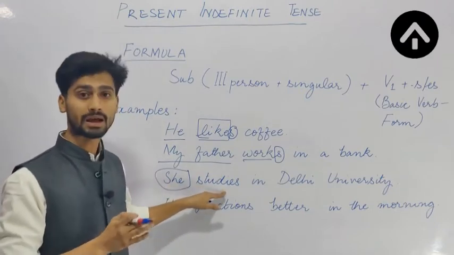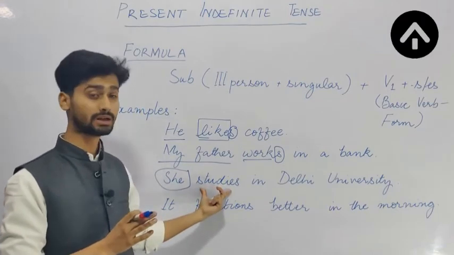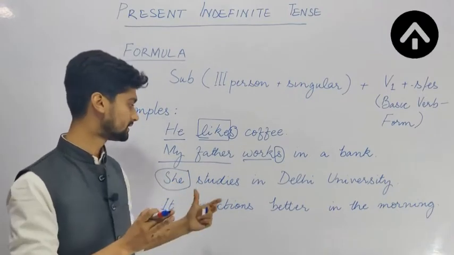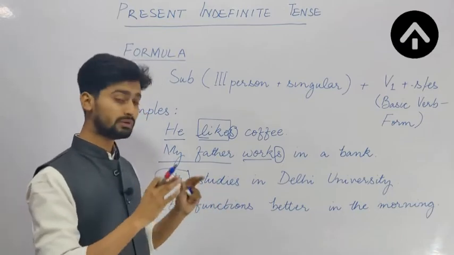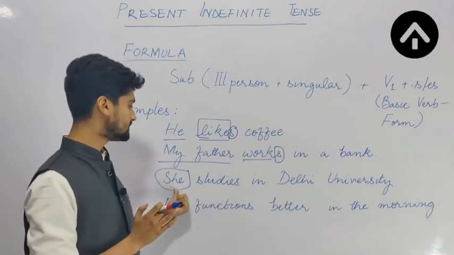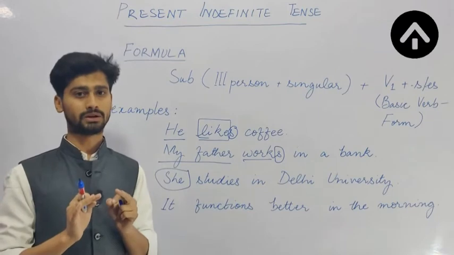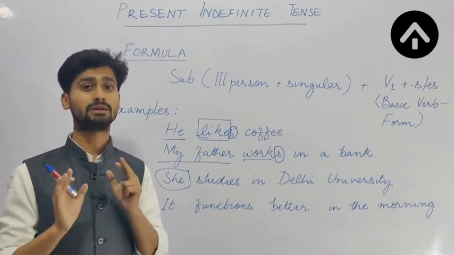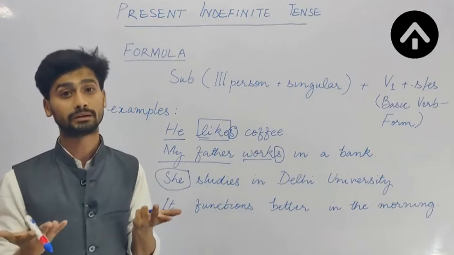So we will again be adding S according to the situation. The spelling of the word study is S-T-U-D-Y, but we have to modify the spelling. We remove the Y and add I-E-S. So she studies in Delhi University. This is grammatically correct, but if I say she studied in Delhi University, that will be absolutely incorrect.